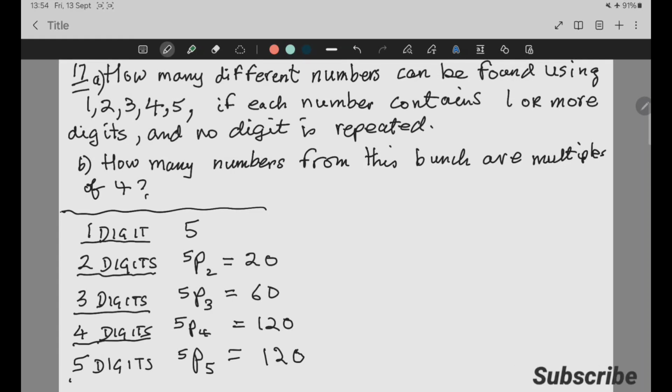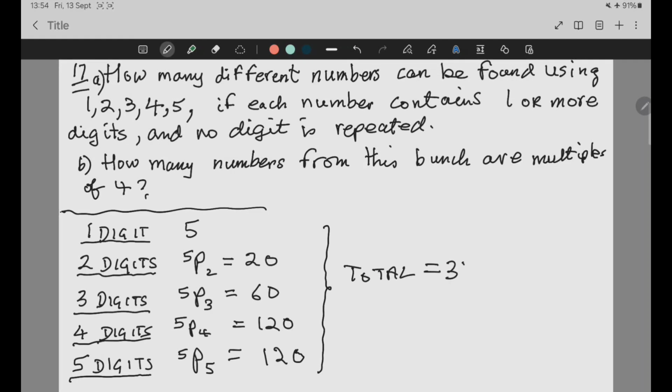Okay. Right. Adding all this little bunch up comes to total equals 325 altogether. All right. Okay. So that deals with part A.